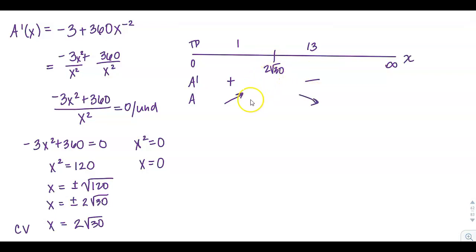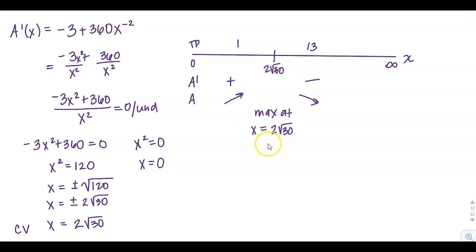So I can see that I'm going to have increasing to decreasing. By the first derivative test, I would have a local maximum, but since this is the entire function here, I can see that this is really going to be my absolute maximum. So I have a max occurring at x equals 2 radical 30.